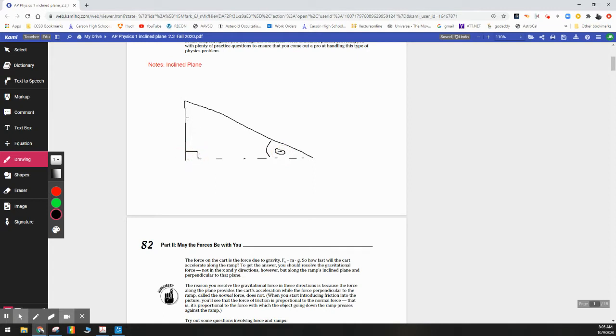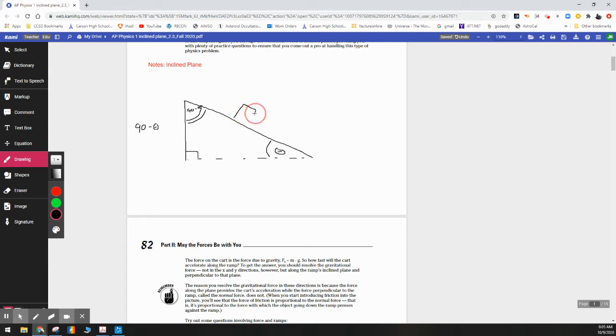And this angle here, I'm going to draw a double angle symbol, is going to be 90 minus theta, because the interior angles of a triangle in flat Euclidean geometry must equal 180 degrees. So this is 90 minus theta.